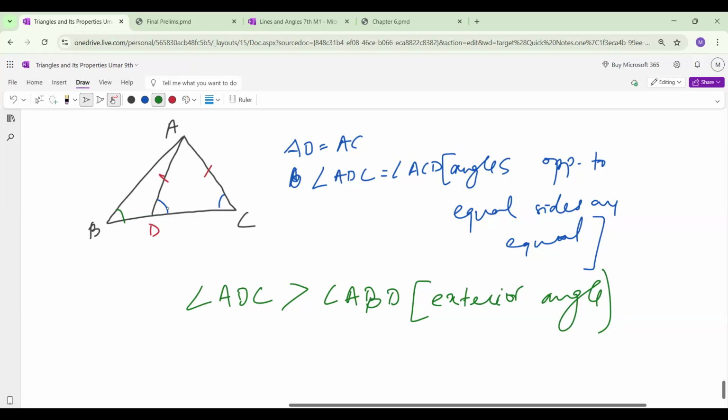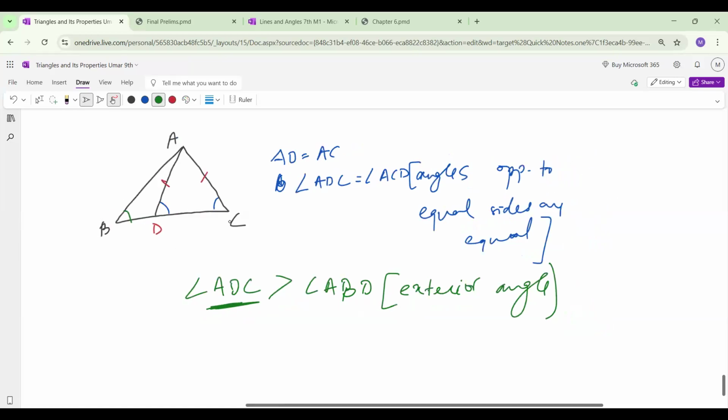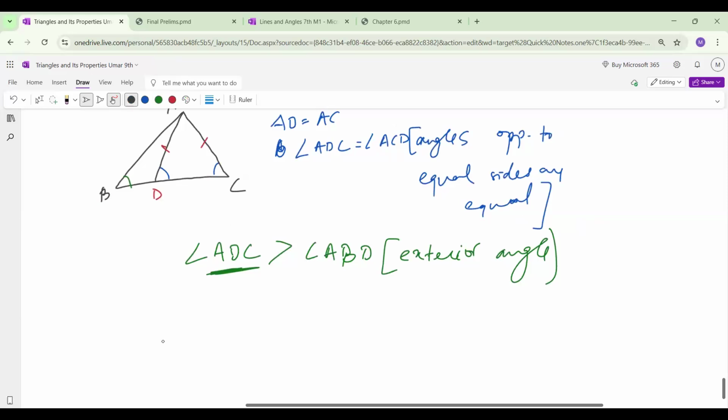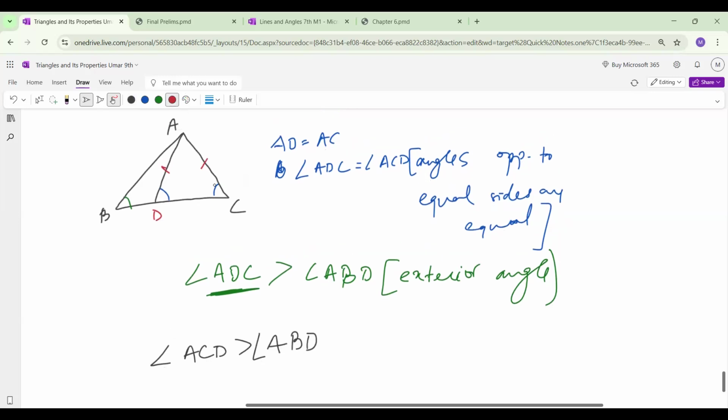Now angle ADC is equal to angle ACD. So instead of ADC, I'll write ACD. So angle ACD is greater than angle ABD. Now see what we have written, that angle ACD is greater than this angle.